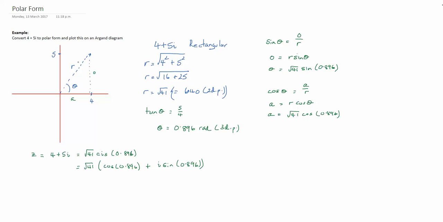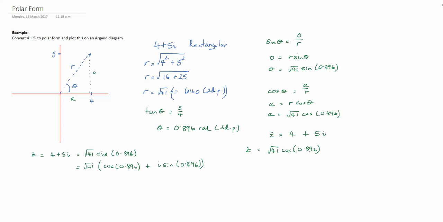Now, we know that the rectangular form of z is equal to that real distance 4 plus the imaginary distance 5i, but in polar form that distance 4 units across here is the same as a, and so a is root 41 cosine 0.896.